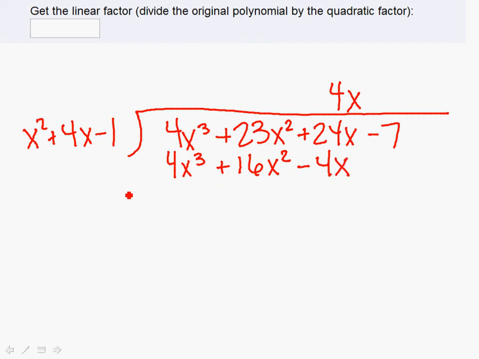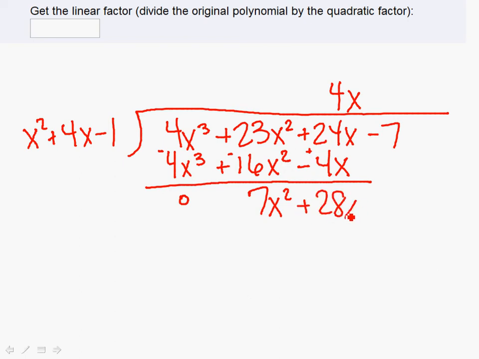Now I'm going to subtract all of these terms from the ones above them. So 4 minus 4 is 0. 23 minus 16 is 7. And 24 minus the negative 4 is like saying plus, gives me 28x.